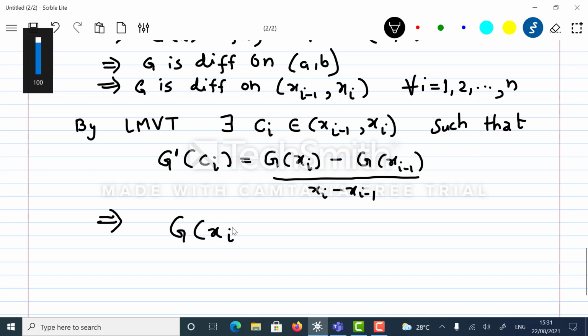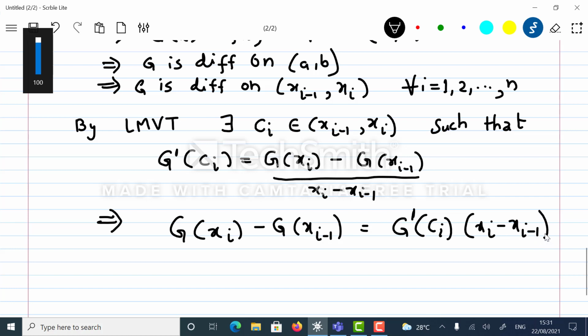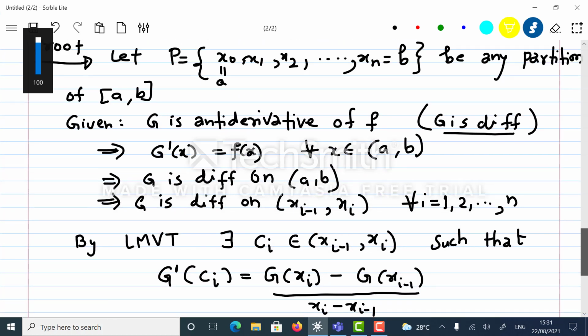What I'll get is g(x_i) minus g(x_{i-1}) is equal to g'(c_i) times (x_i minus x_{i-1}). But I know what g' is. Here it is said that g' and f are the same.